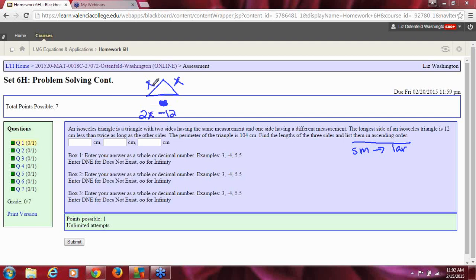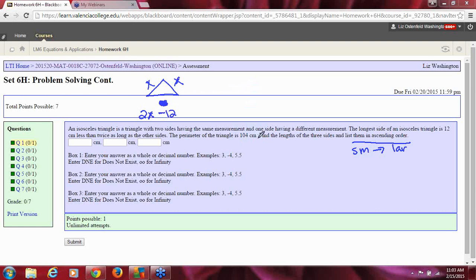Well, if the other side is X, twice that side, and then take away 12 because it's 12 less than that. So whenever you have something less than something else, it's always subtract that number. Okay? So say it one more time. The longest side, which is this side right here, is 12 less than twice the other side. And if the other side is X, that's why it's 2 times X.